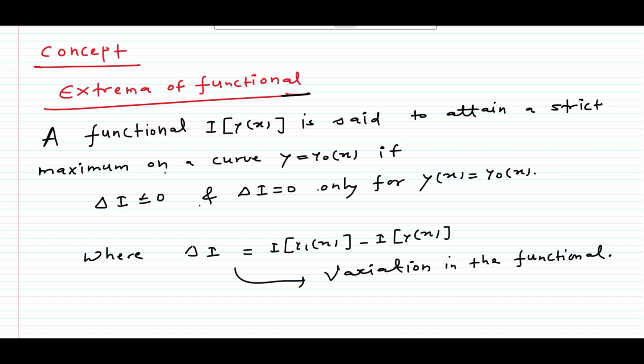Then the functional I of y of x is said to attain a strict maximum on the given curve y equal to y naught of x if and only if delta I is less than or equal to 0, and delta I is equal to 0 only for y of x equal to y naught of x, where delta I can be written as the functional of y1 of x minus the functional of y of x, and y1 is in a neighborhood of y of x.